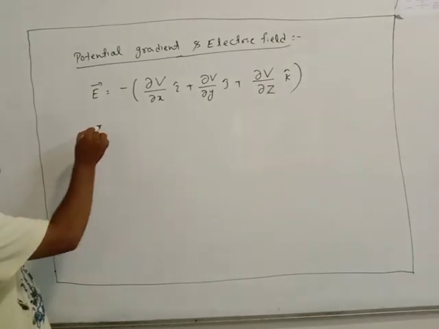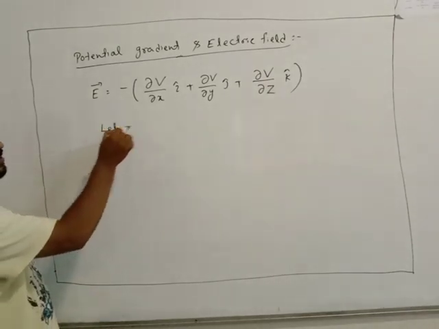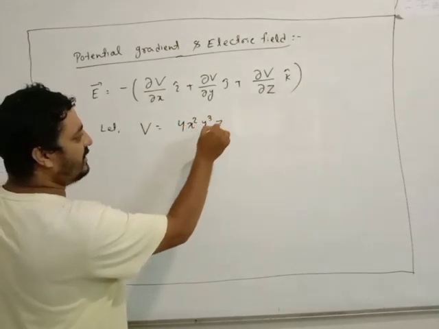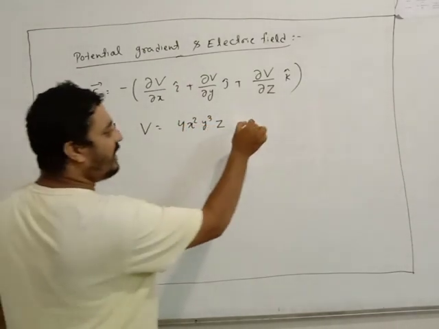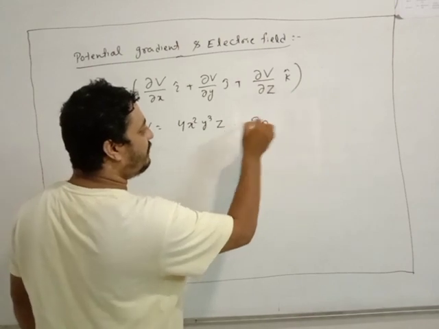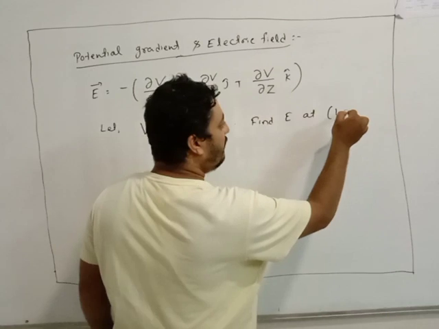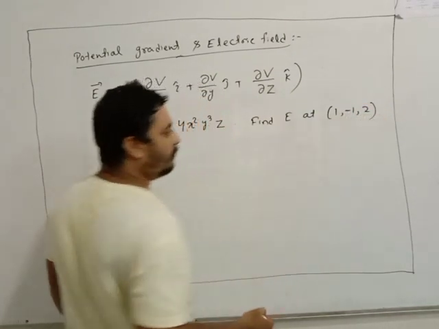For example, let v equal to 4x square y cube z. Find electric field at 1, -1, 2.